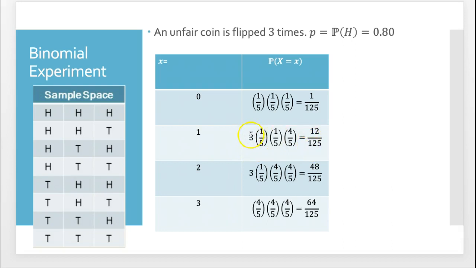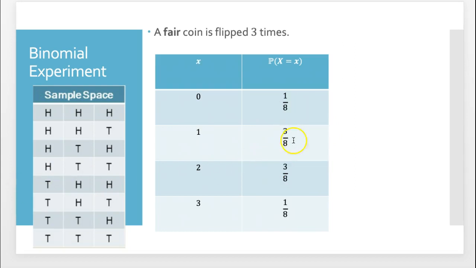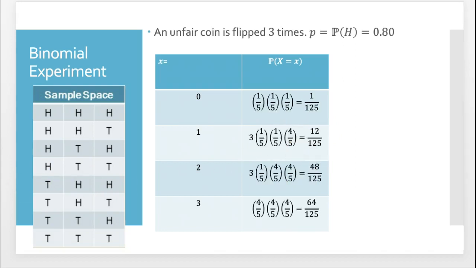So 3 times 4 is 12 over 125. We do the same here: there are 3 ways we can get 2 heads out of 3 coin flips, but the probability jumps up a lot more. In the previous slide, with a fair coin, the probabilities of 1 and 2 heads were exactly the same. But now that it's unfair and favoring heads a lot more, you're much more likely to observe 2 heads out of 3 coin flips than 1 head out of 3.